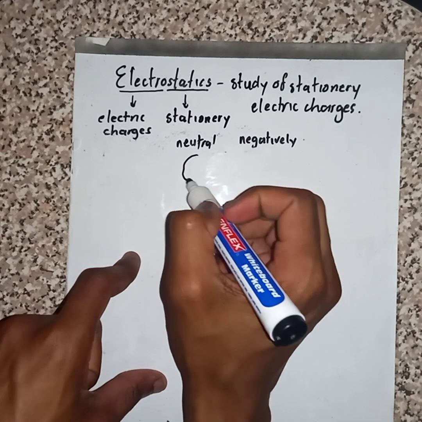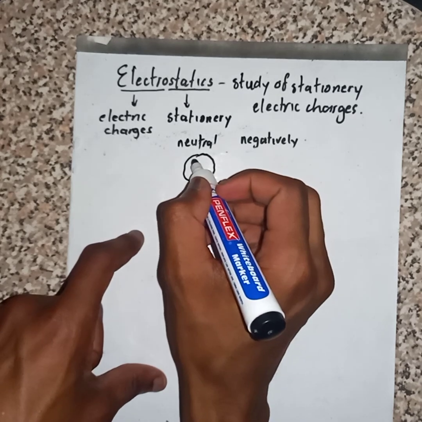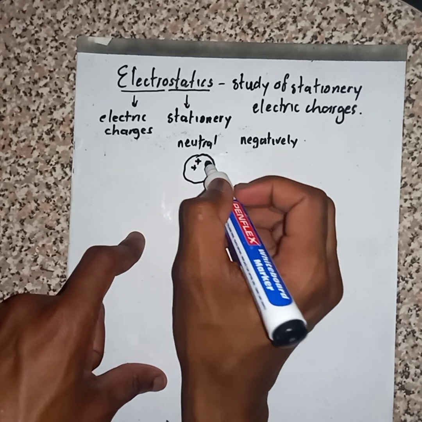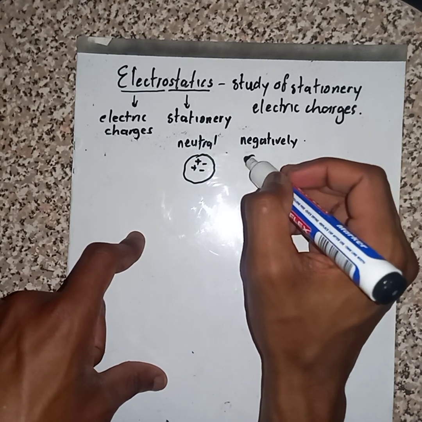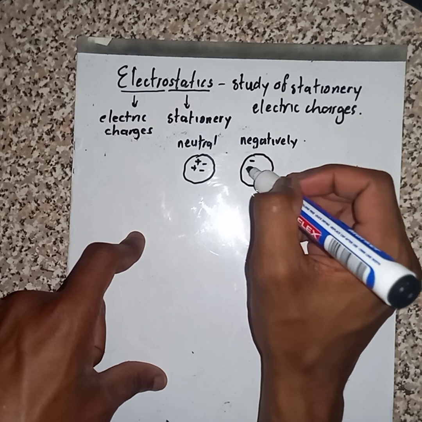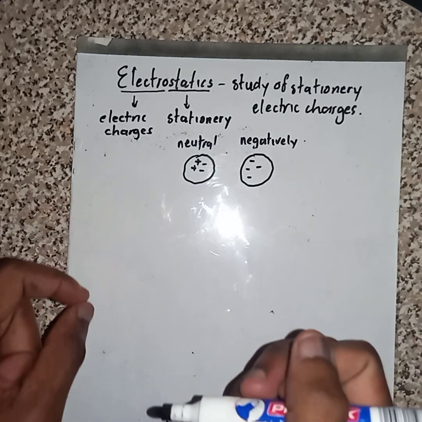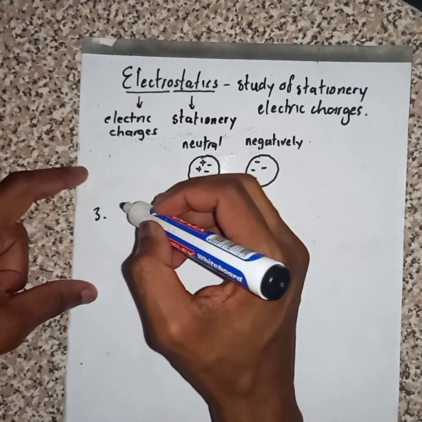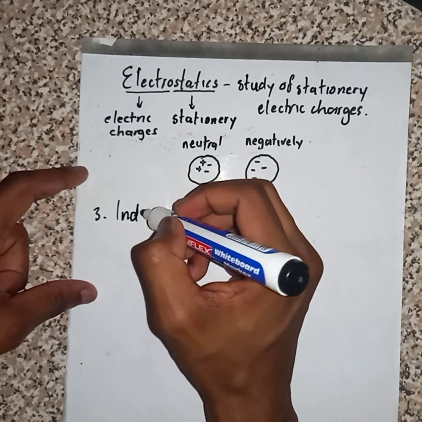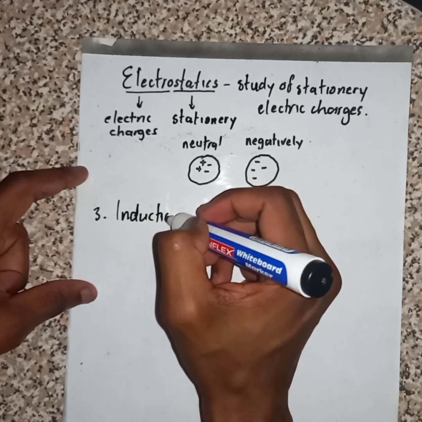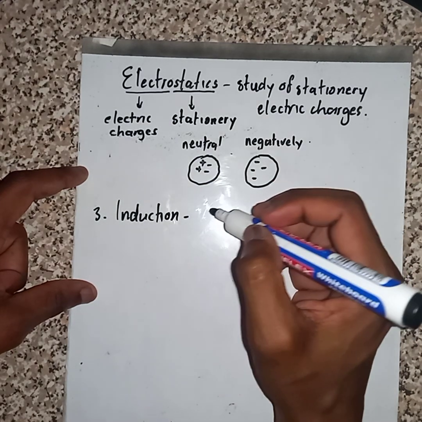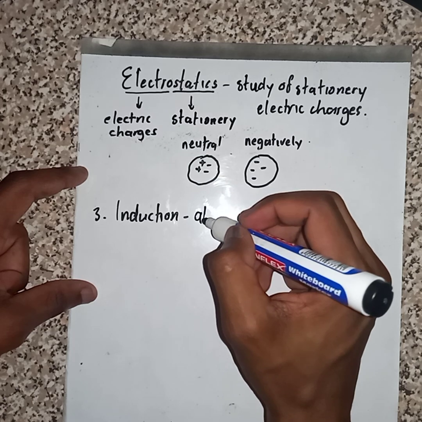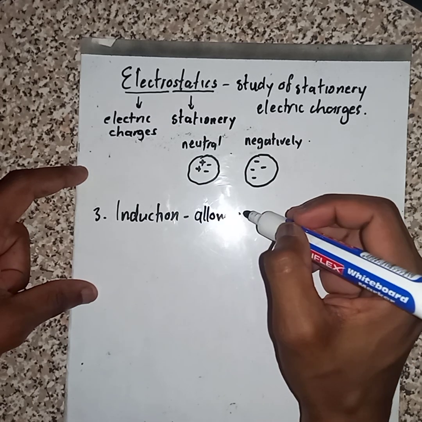Let's say I have two spheres with plus, minus, minus, then somewhere here I have a negatively charged object like this. Then thirdly, we allow them to charge this object by induction.